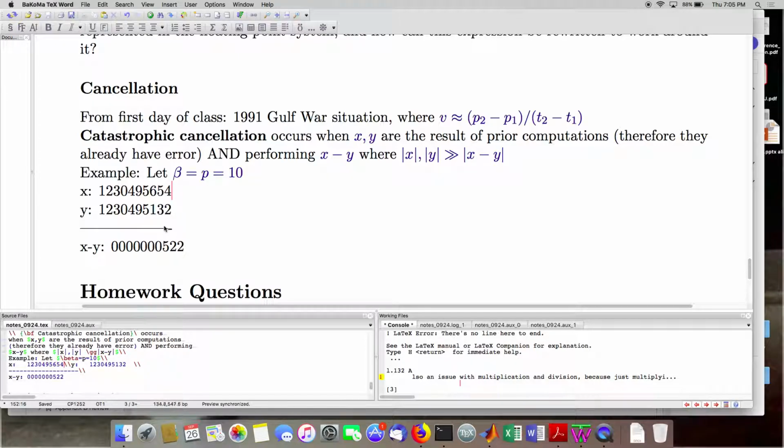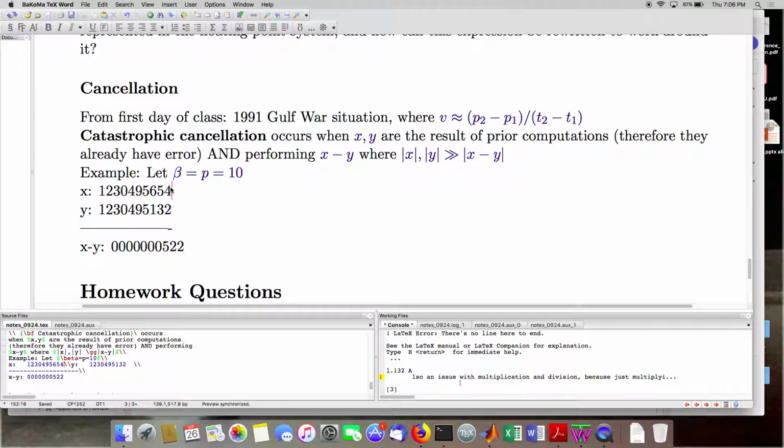Because remember, x and y came from previous computations. There were actually other digits beyond this that were lost. But x and y are at least represented with a relative error related to the machine precision for a system like this.